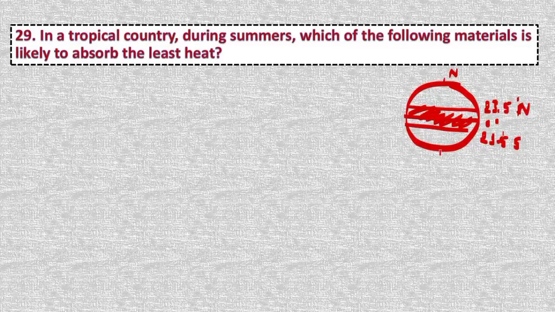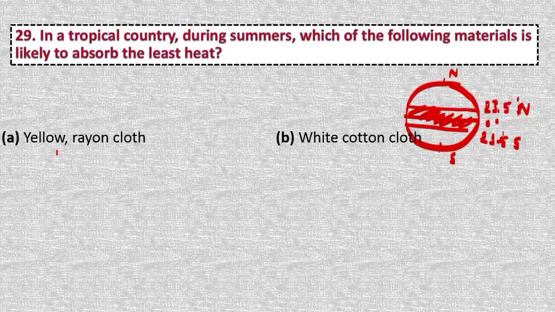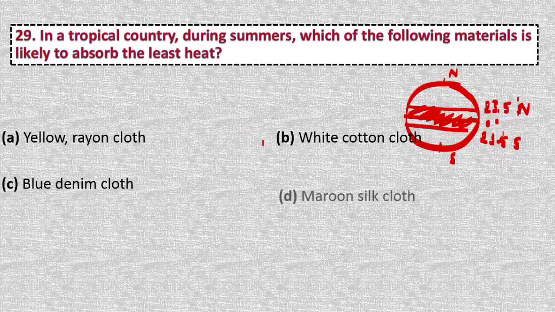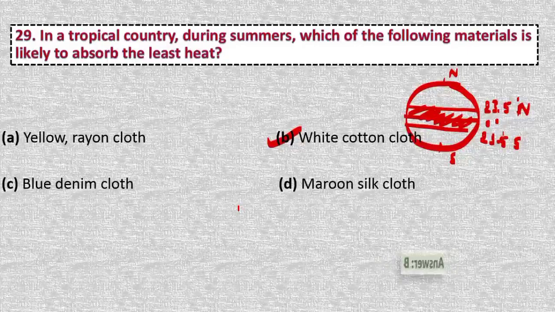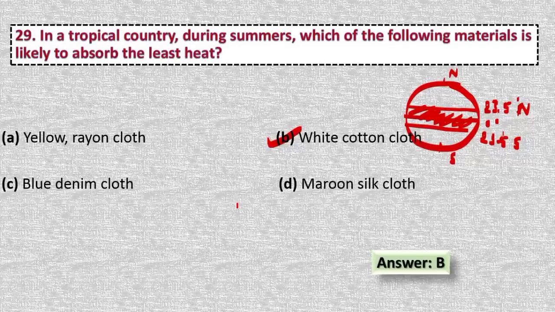The earth receives the maximum amount of sunlight in this tropical region. So the question is asking which type of material absorbs the least heat. The correct answer is white cotton cloth, because it reflects the sunlight falling on the body.